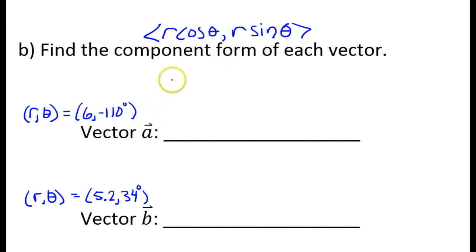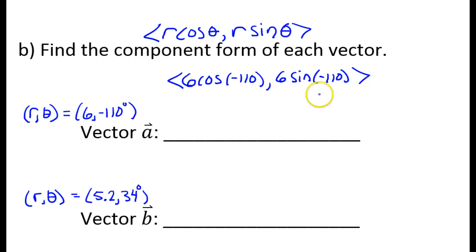So for vector A, that's just going to be 6 cosine negative 110, comma 6 sine negative 110. And calculator. So I got negative 2.05, comma, negative 5.64.